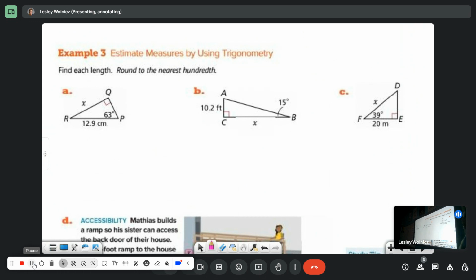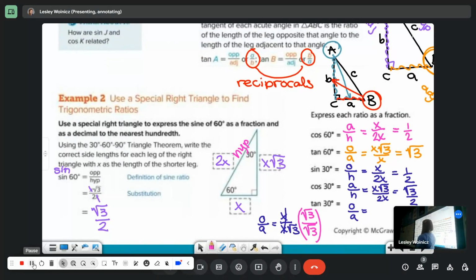Okay, we're finding lengths, and we are rounding to the nearest hundredth. All right, do you see that they have given us an angle and one of the sides, and we're finding the other side? So, let's go back for a second.